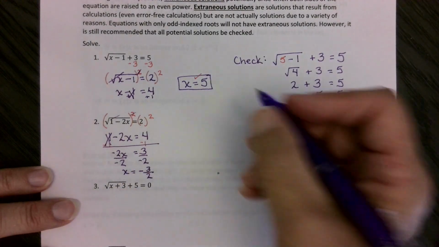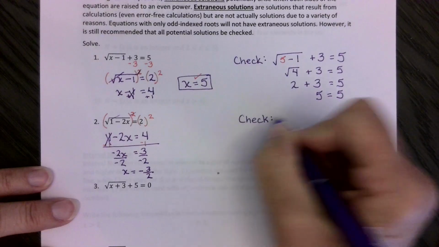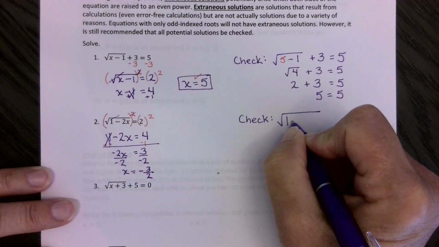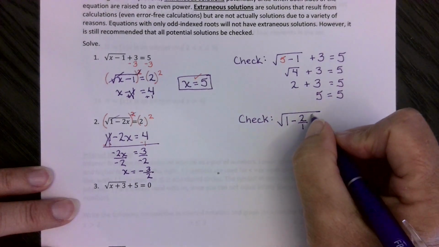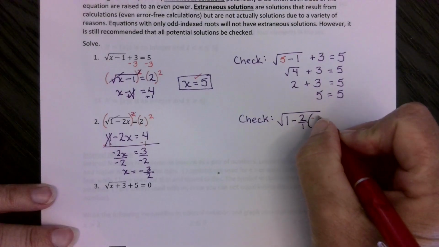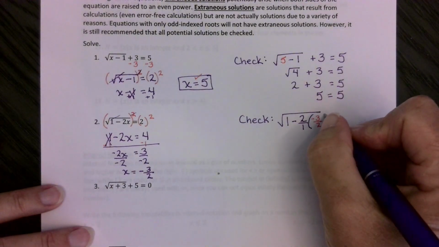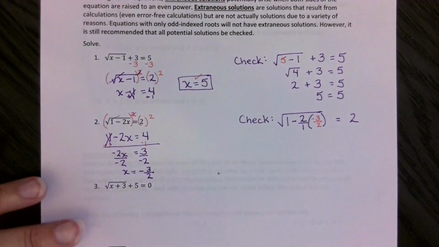Okay? And when you check it, you are going to have 1 minus 2, that's 2 over 1, times our x, which is negative 3 over 2. Now again, you can do this on your calculator. I can just do it by hand. And hopefully it gives us 2 if it's correct.